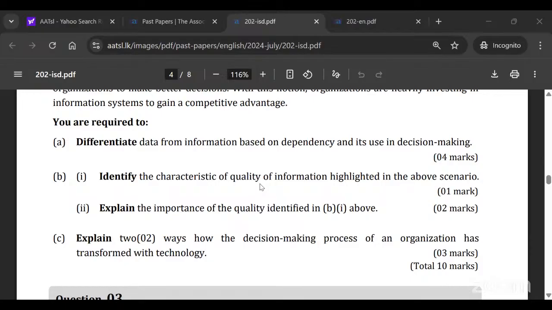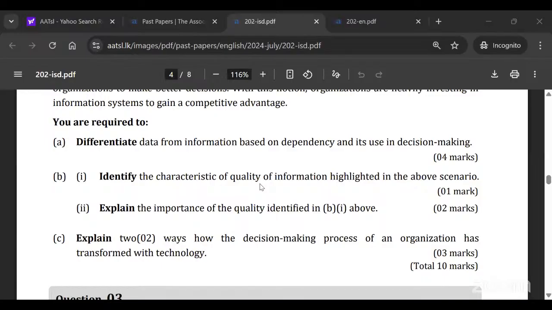For example, if financial data is not delivered in real time, a company may miss the chance to adjust its strategy in response to market fluctuations. Timely information ensures that decision makers have the relevant facts at their disposal when they are required to act, thereby improving decision accuracy and organizational performance. Right?